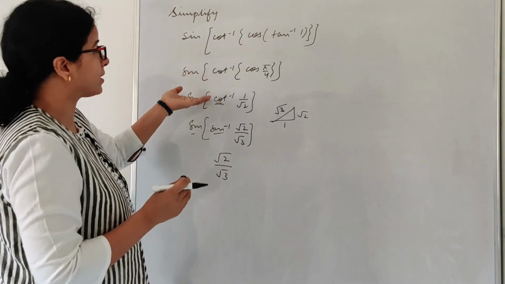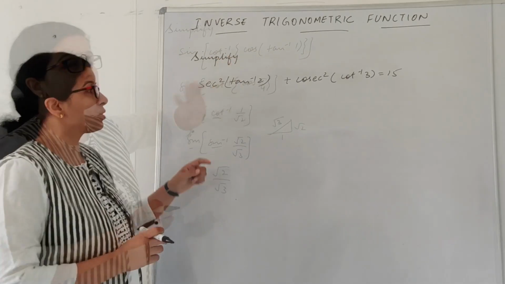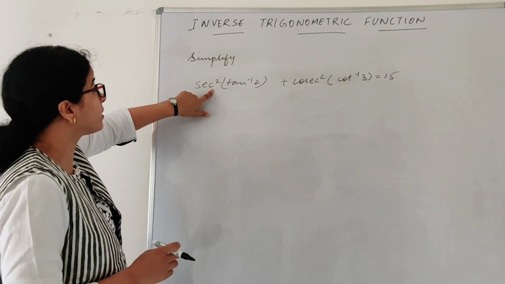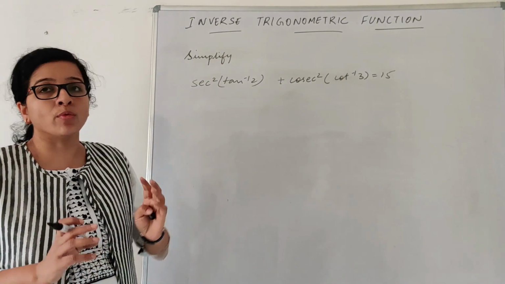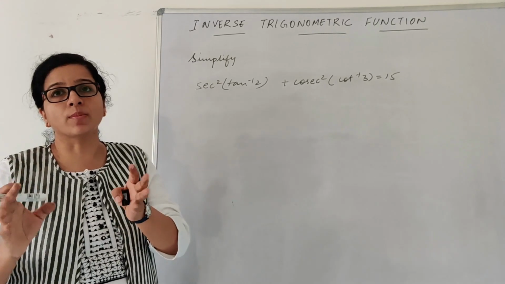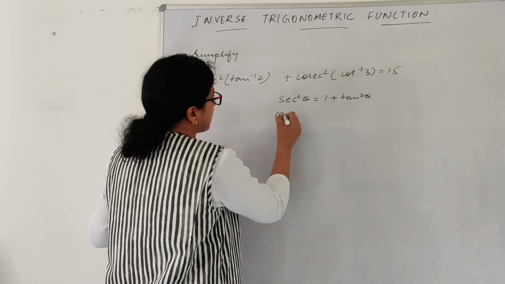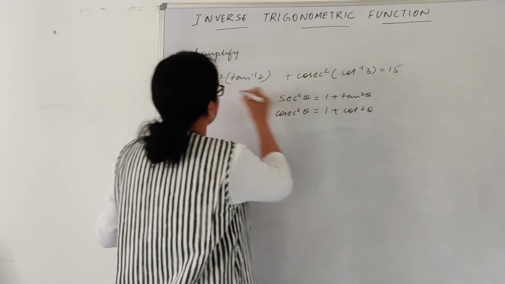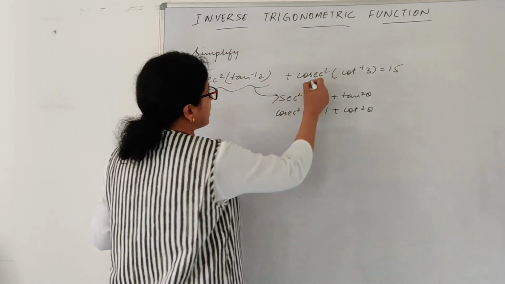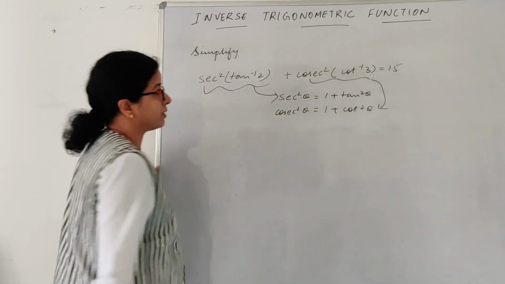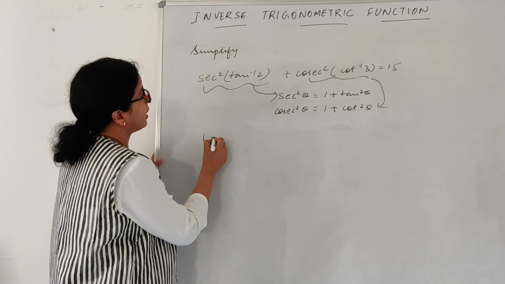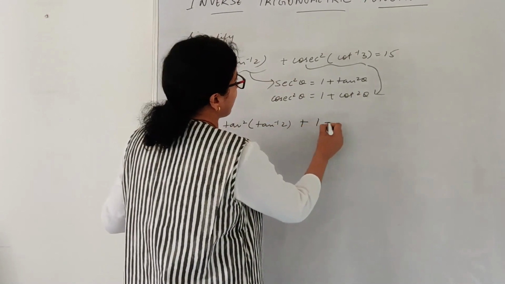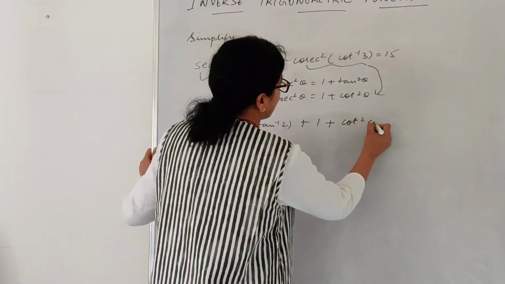So basically, whenever such a question is given, start from the inner bracket. So now it is sec²(tan⁻¹ 2) plus cosec²(cot⁻¹ 3). We have one relation between secant and tan. What is that? That sec²θ is equal to 1 plus tan²θ, and cosec²θ is equal to 1 plus cot²θ. So this part will be replaced by using this, and this part will be replaced by this. So what I am going to write? 1 plus tan²(tan⁻¹ 2), and here I will write 1 plus cot²(cot⁻¹ 3).